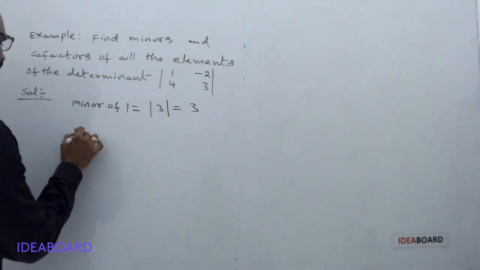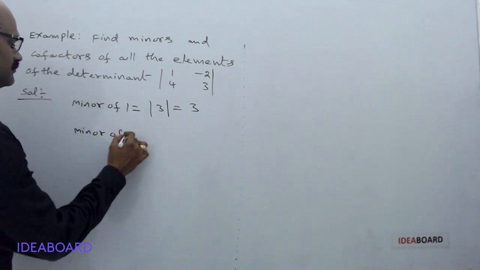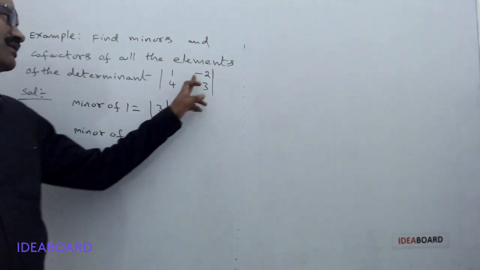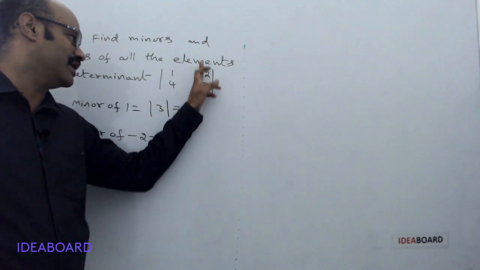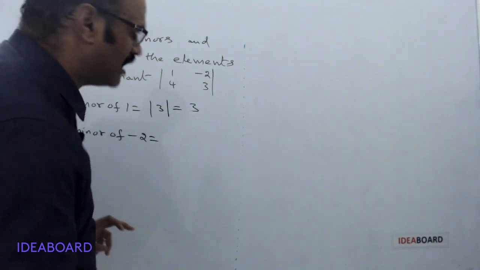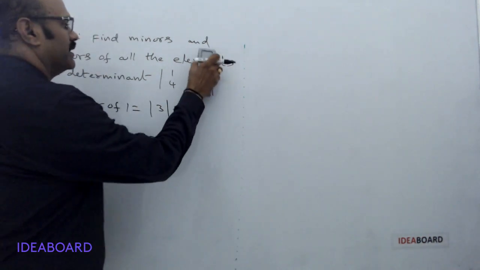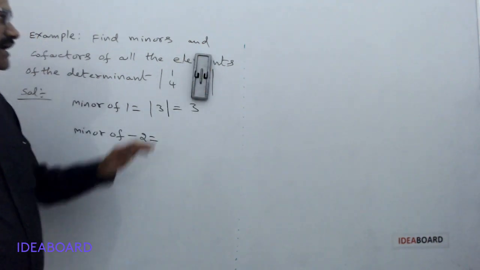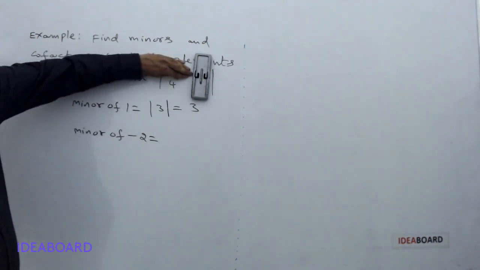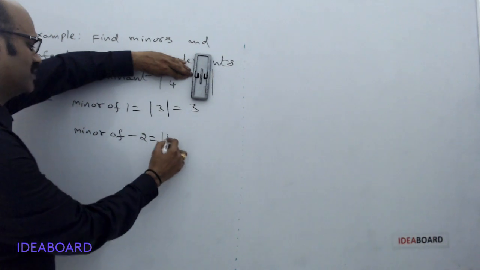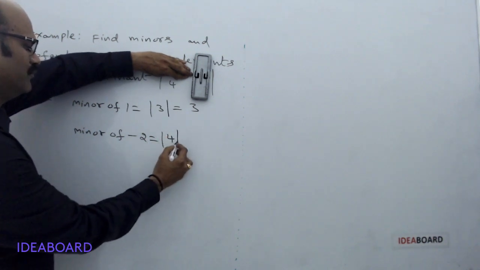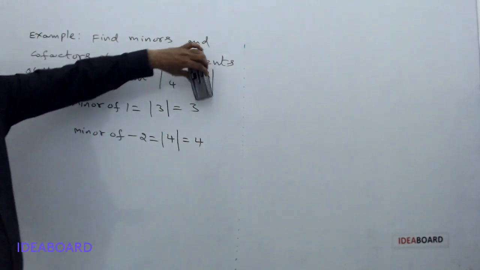Now minor of minus 2 equal to, the element minus 2 lies in first row and second column. So we delete the second column and first row. Then we have the element 4, which we write in a determinant. Determinant of 4 is equal to 4 only.